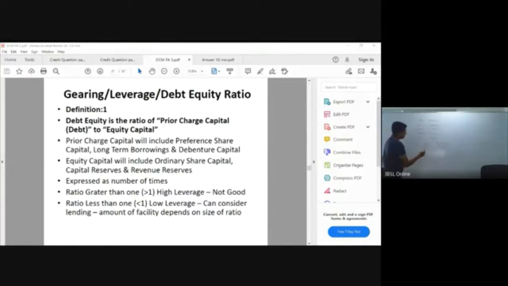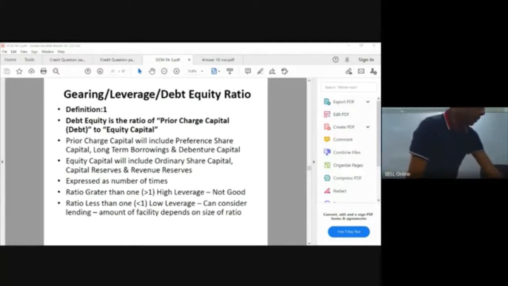Long-term debt capital 350,000 divided by equity capital 1,480,000. Here the second ratio, total debt capital 500,000 divided by total capital 1,980,000.